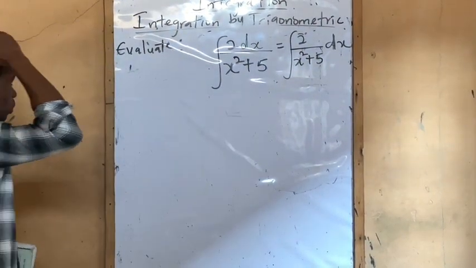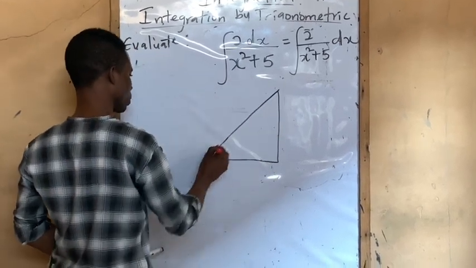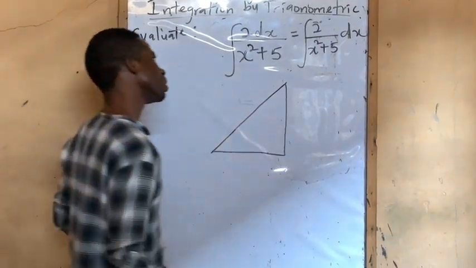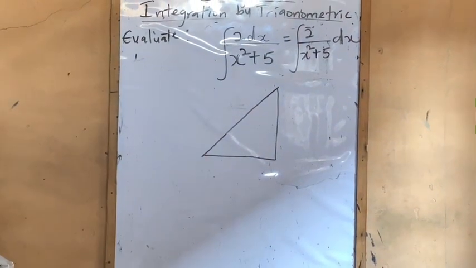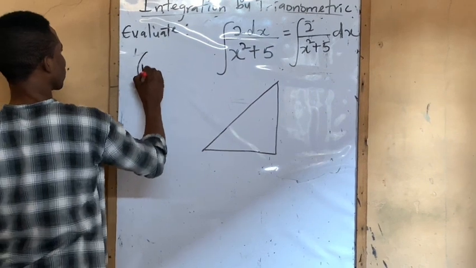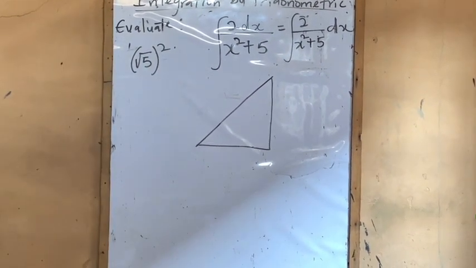If you look at this one, we draw our right angle triangle. You now ask yourself, because this one does not carry a square, how can you do it? I can write it like this, so that is exactly the same thing.